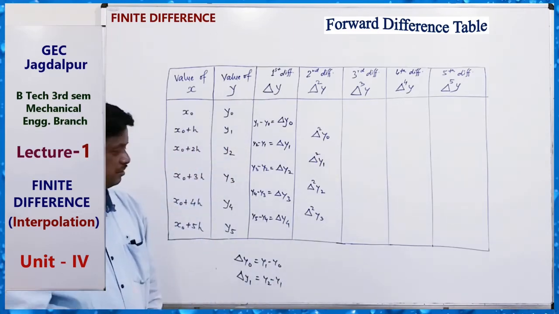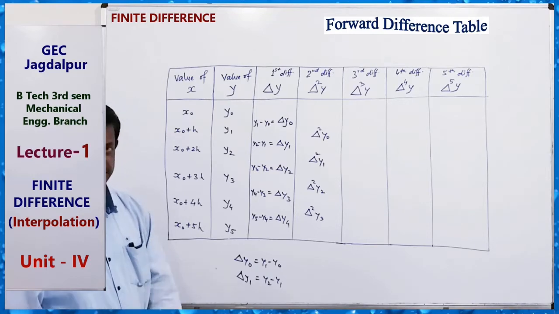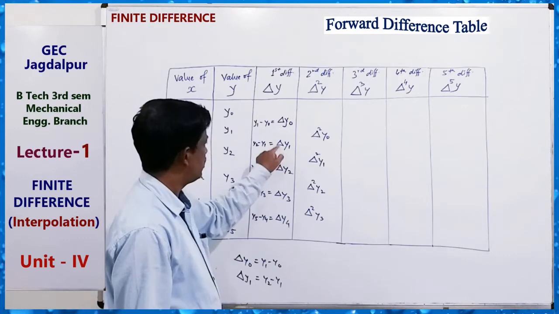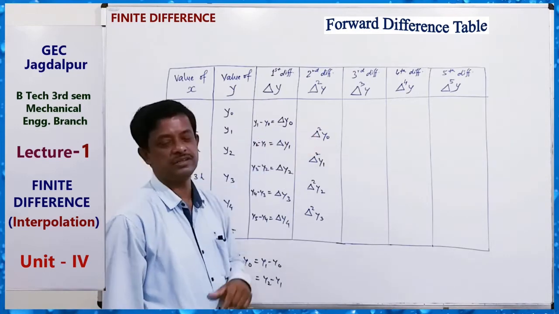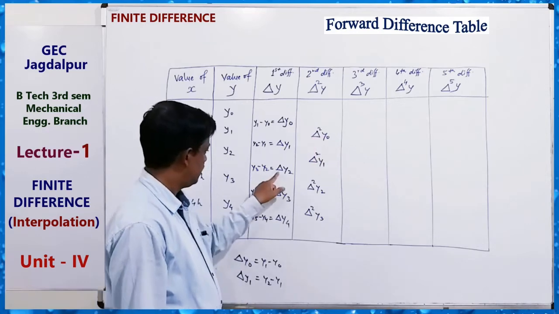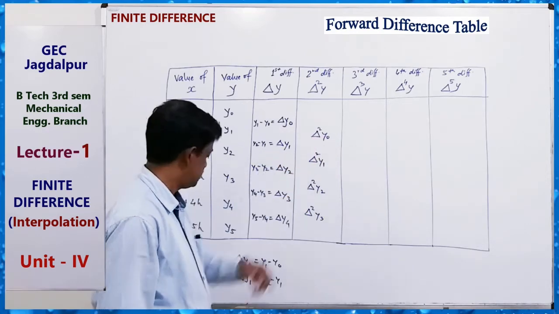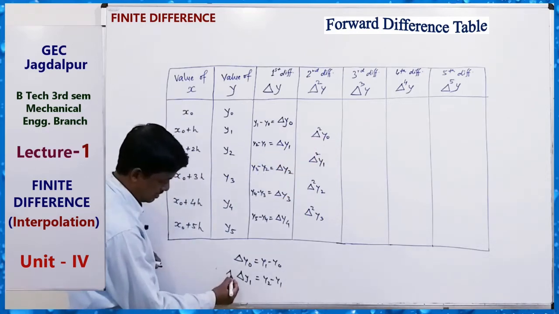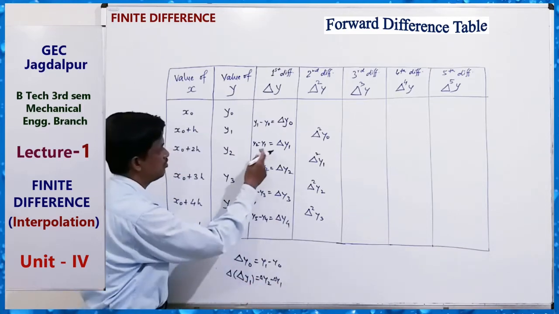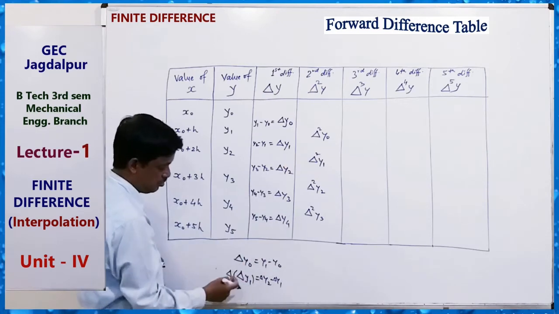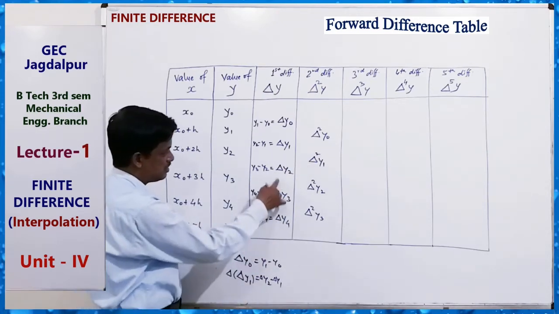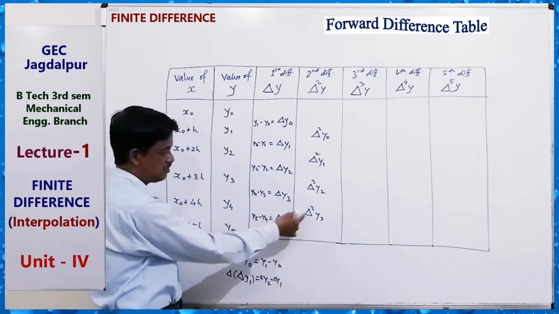You can see from here that del y1 minus del y0 means del 2 y at 0. Del y2 minus del y1 means it's again a difference, del 2 y1. Similarly, this minus this means this.